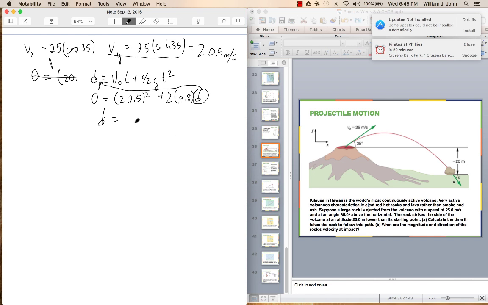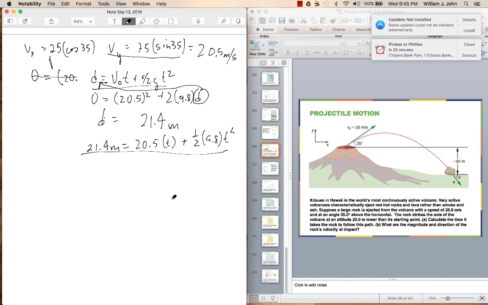So the path to the top is 21.4 meters. And then we can put that in here, and we have 21.4 meters is equal to 20.5 times T plus 1/2 times 9.8 times T squared.